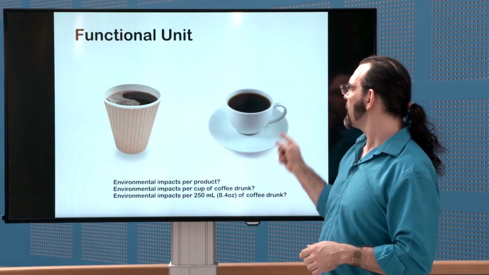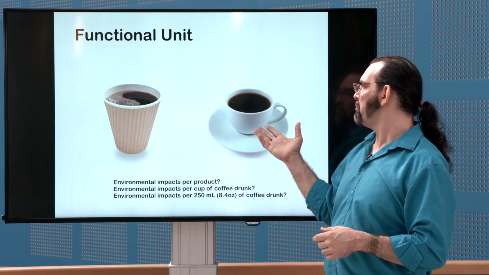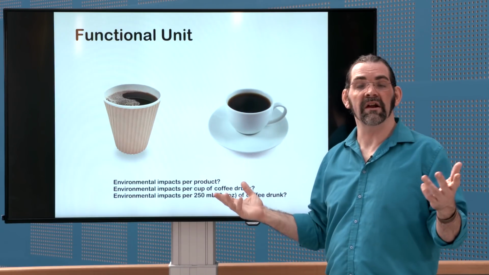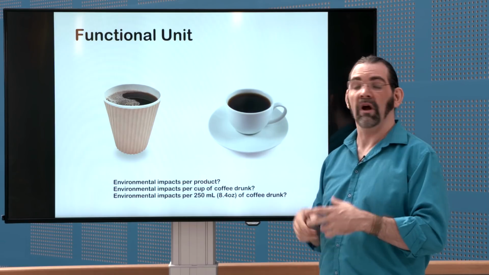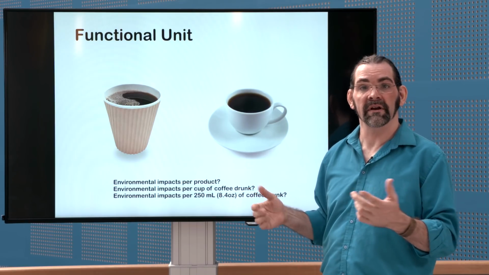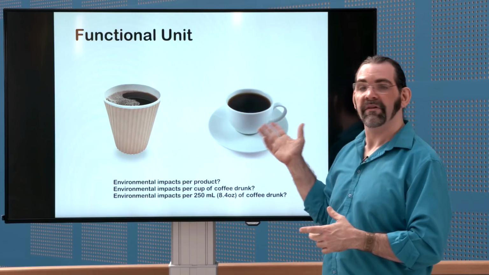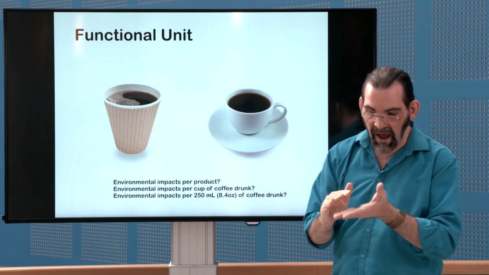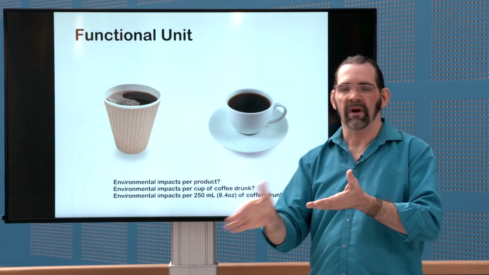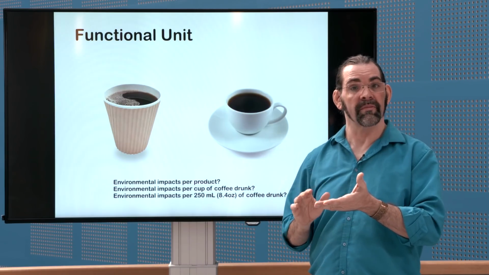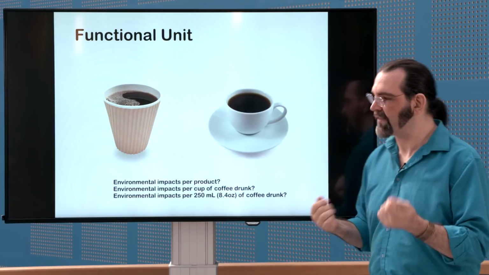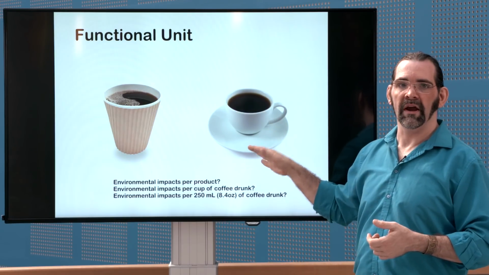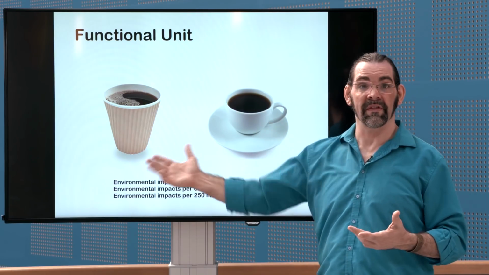But then the environmental impacts here, this cup maybe lasts for 5 years, and maybe you drink 2 cups of coffee a day out of it. And so maybe the environmental impacts of producing this get divided by a factor of whatever, 2,000, 4,000, something like that. And that's how you can tell that this is a more environmentally friendly choice than this.